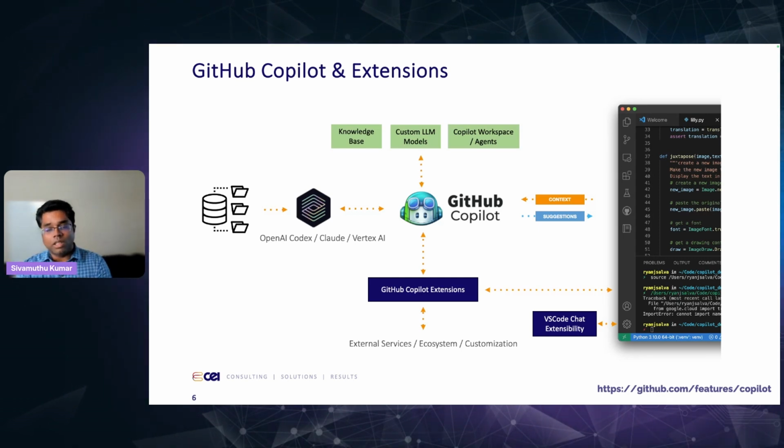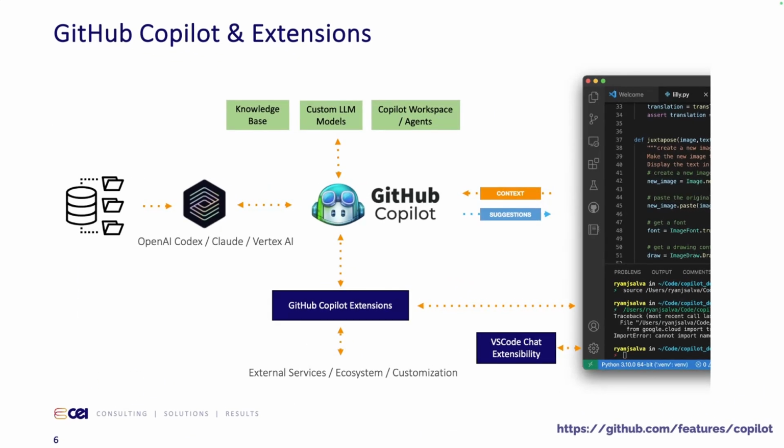There are two types of extensibility model GitHub is providing. One is the GitHub Copilot extension, which is more at the platform level, right? You can create a GitHub app and say, okay, forward all these chat messages to me, and I have a web server that's listening to those messages.